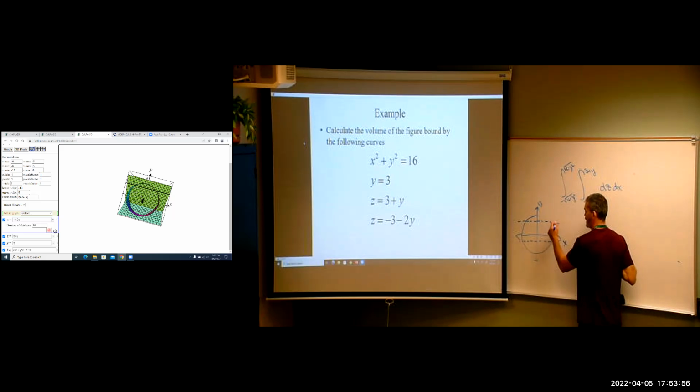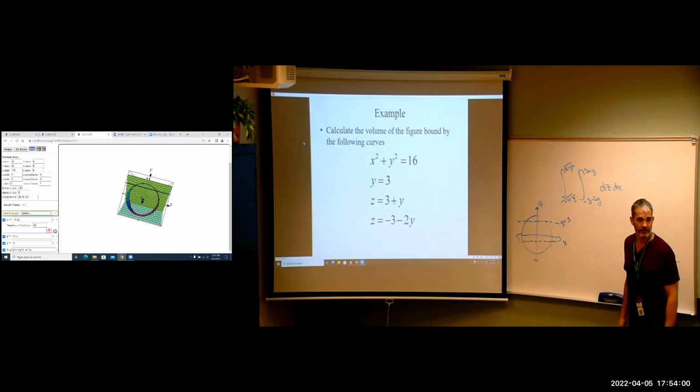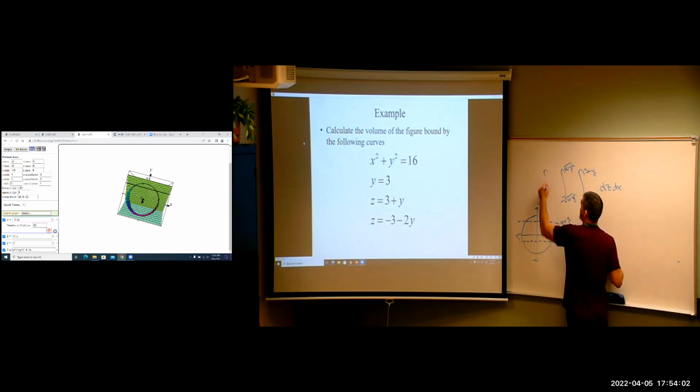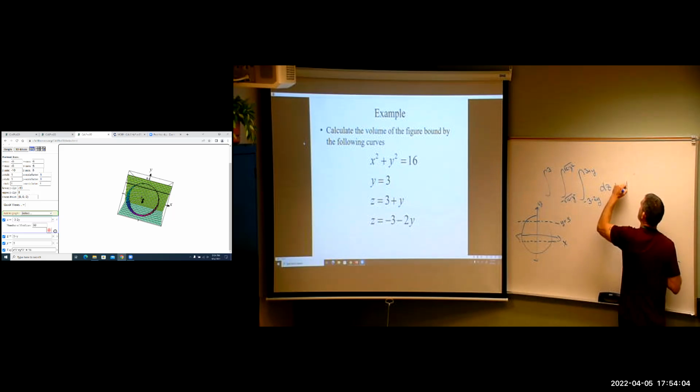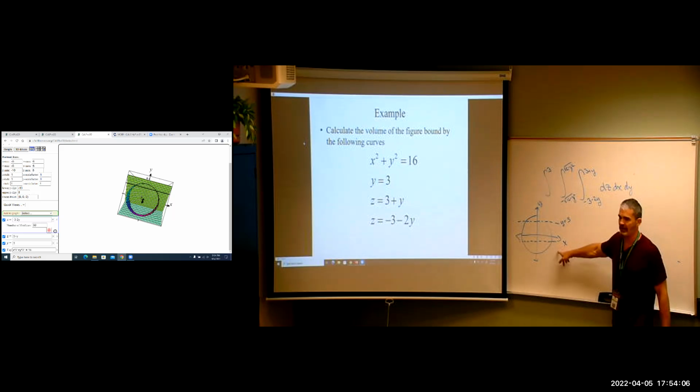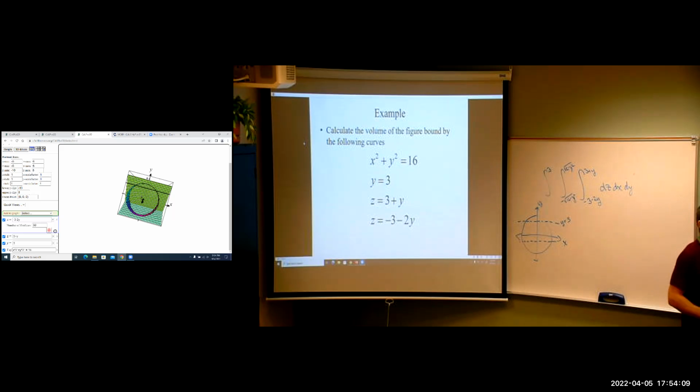Now this thing here was created by the plane y equals 3. So we actually already know the upper limit. All we need is that bottom limit. Well, where is that bottom line coming from? What's creating that bottom line there? This line right here, what's creating that?